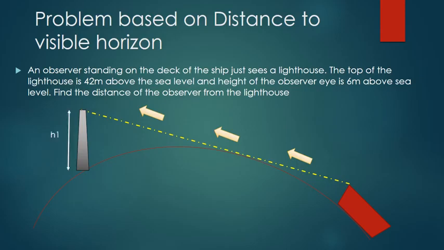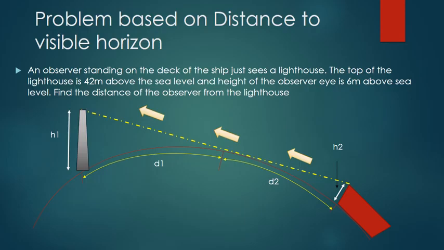The height of the lighthouse is given as 42 meters, let us say h1, and the height of the observer is 6 meters, let us say h2. Now d1 is the distance of the lighthouse to the visible horizon, and d2 is the distance to the visible horizon from the deck of the ship.